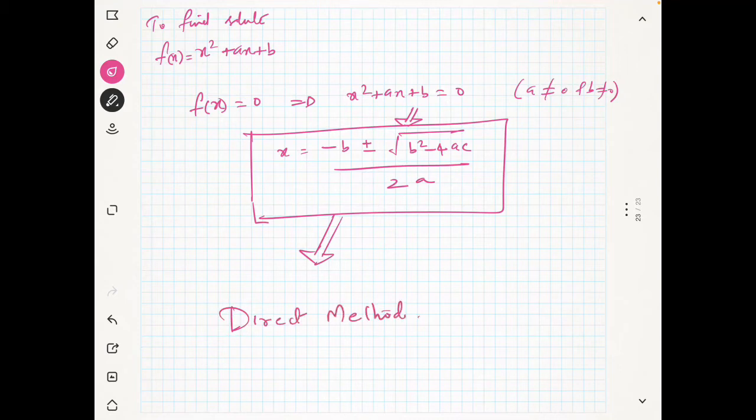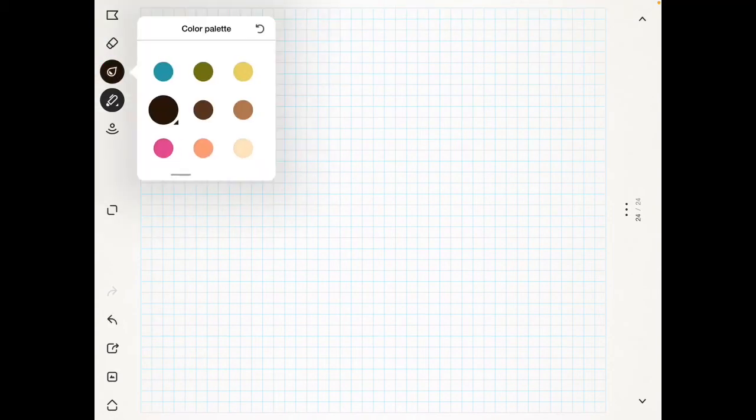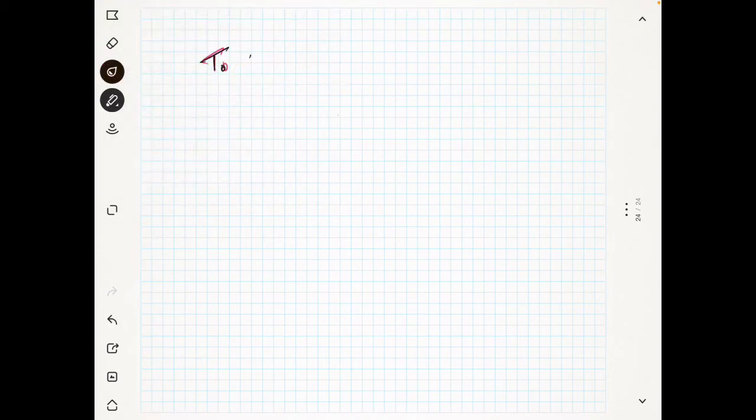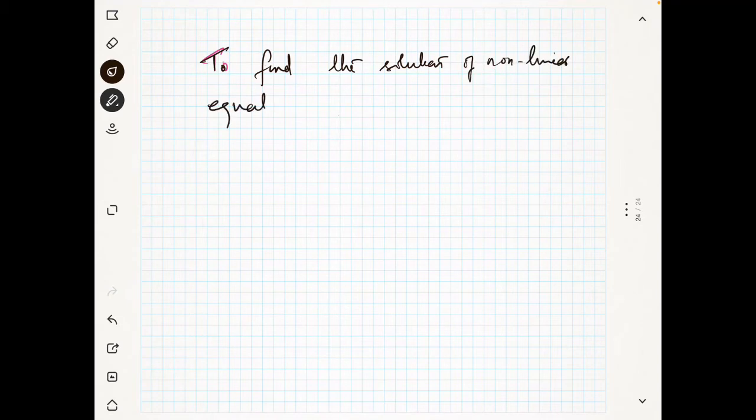Okay, so to find the solution of a nonlinear equation, you have two types of method. The first method is the direct method.